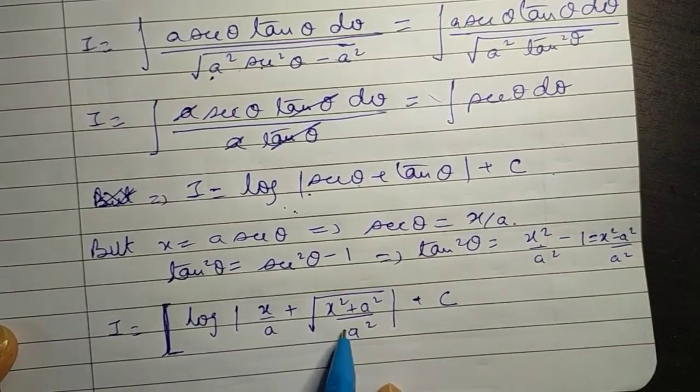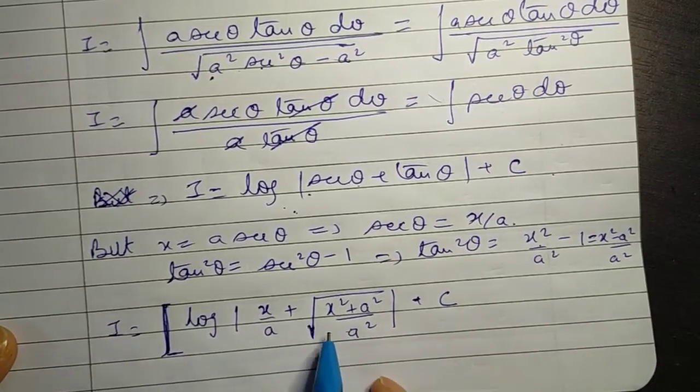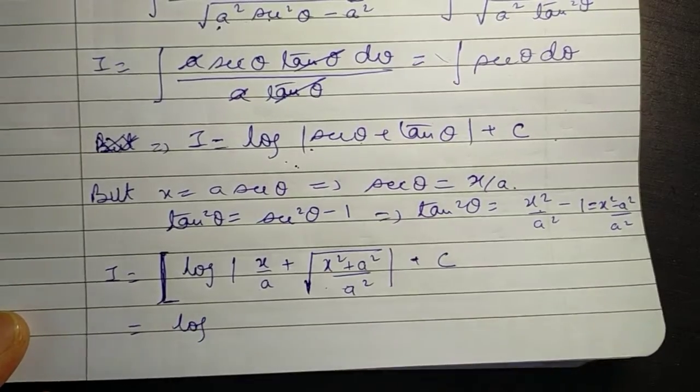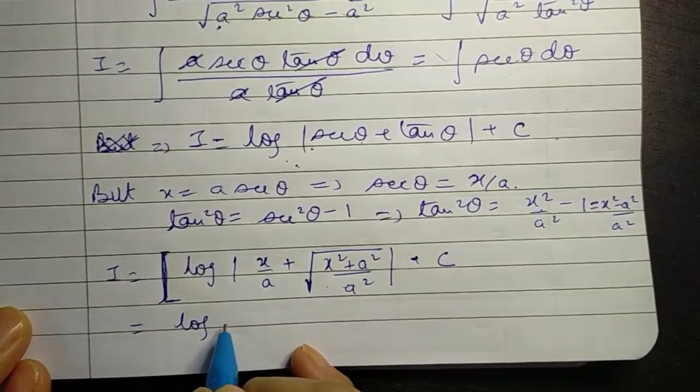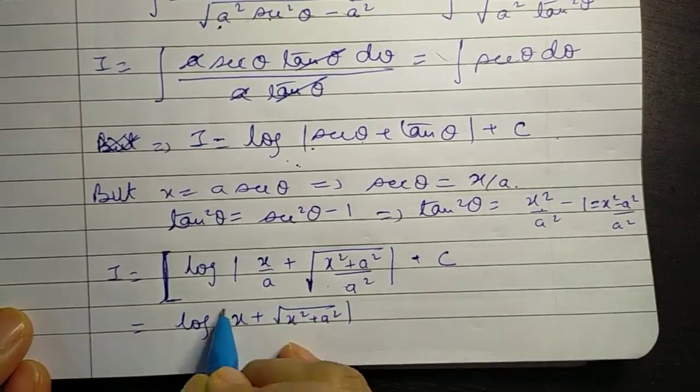Now this a can be taken common, because from the square root you can take out a common. This can be written as log of x plus under root of x squared minus a squared.